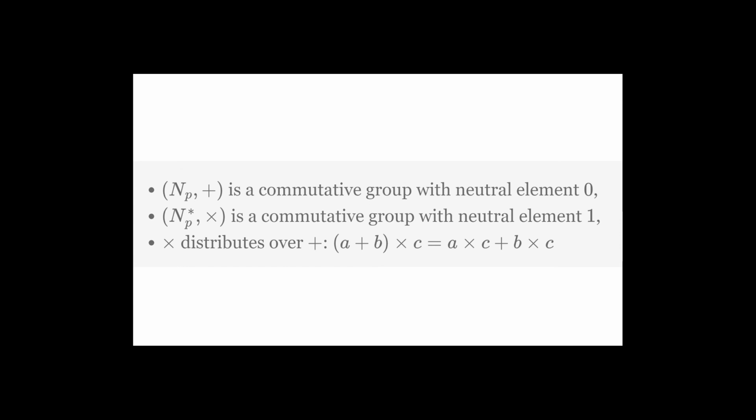So for the case of NP, everything seems to be okay, but we have to be mindful of one thing: the inverse for the multiplication has to remain in the group, or in the set. Because NP with multiply has to be a commutative group, and a group at the very least.